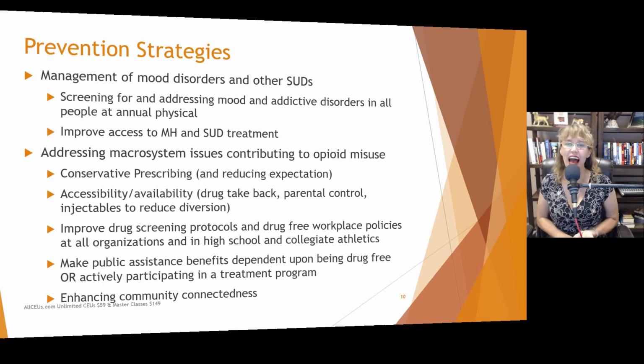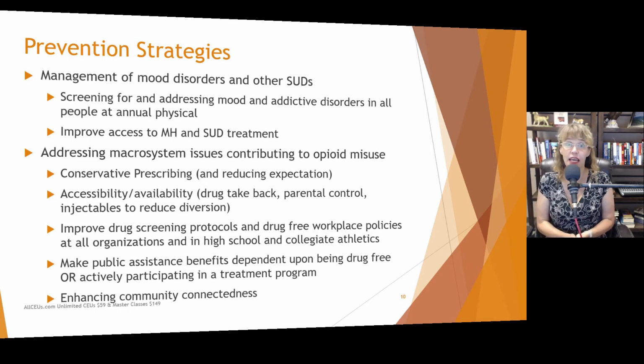We also want to improve access to mental health and substance use disorder treatment. Waiting lists. Oh my gosh, right now the waiting lists are incredible. I have a friend who's trying to get into treatment right now, and there's a 6-week waiting list everywhere she calls. So it's important that we think about how we can improve access.